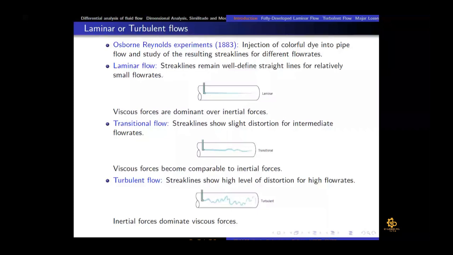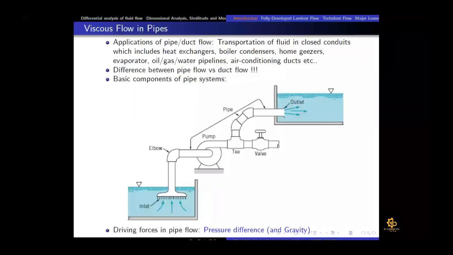And one thing which I missed from the last slide: the driving forces in pipe flow are either the pressure difference or gravity. An example of pressure difference is that we need a pump to move the fluid to a higher altitude. But when we want water to come out of our washroom taps, we don't need any pump, because the water has potential energy, being at a higher altitude.